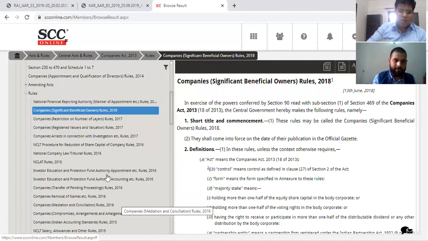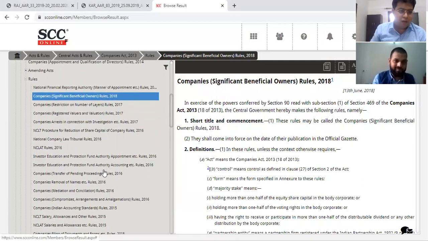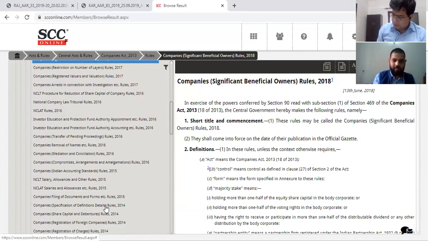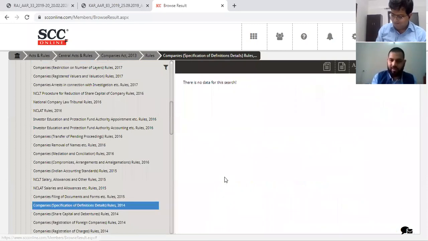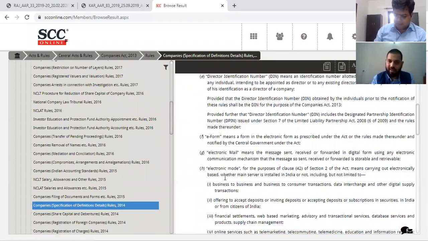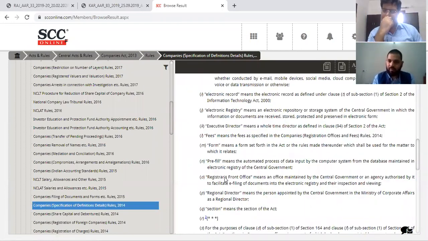I think you have opened it. Yes, I have it with me. So Rule 21K has a definition of executive director. It's actually a circular definition, just like every other definition that we have referred to up till now.